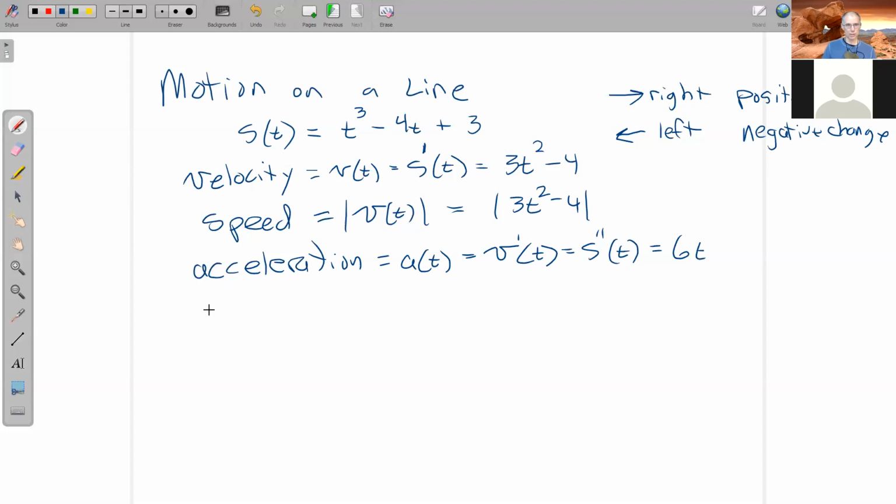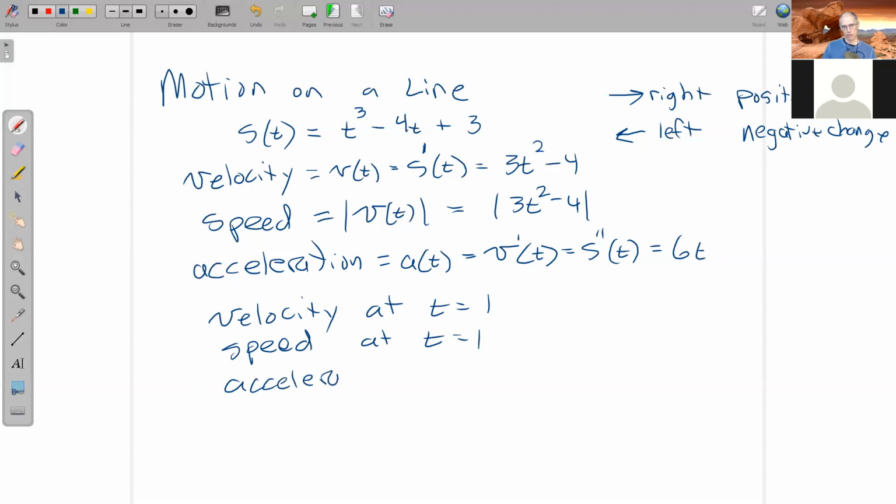And let's do a couple of things. I want the velocity at t equals 1, I want the speed at t equals 1, and I want the acceleration at t equals 1. So that would simply be plugging 1 into the velocity.